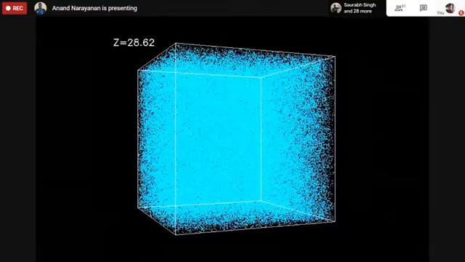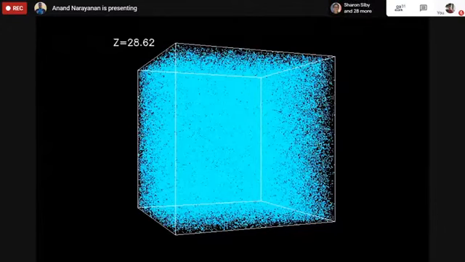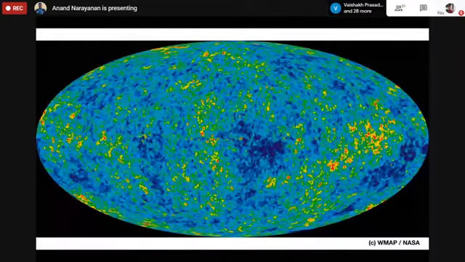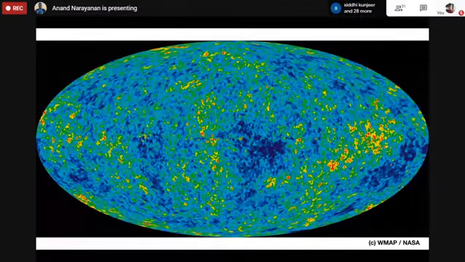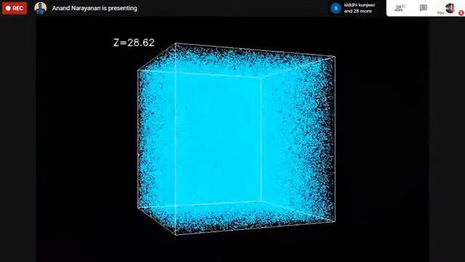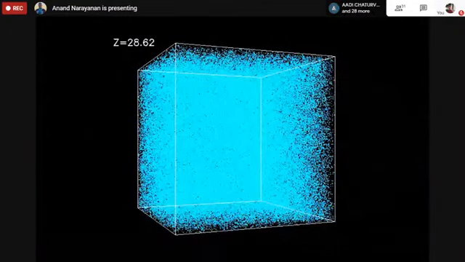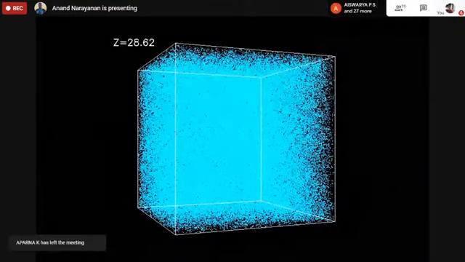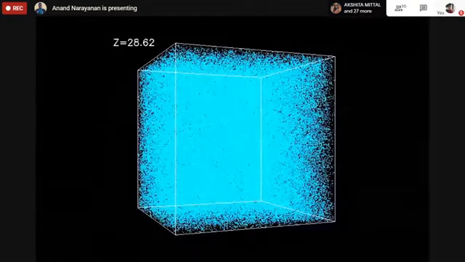In these simulations, they add tiny density perturbations to this distribution of matter, and these perturbations are inspired by the anisotropy seen in the CMB, because the CMB anisotropy says that the matter density was not uniform in the early universe. So inspired by this observational evidence, tiny density inhomogeneities are added, and from that point onwards they let the simulation run with gravity as the only force acting between the matter particles in the simulation.